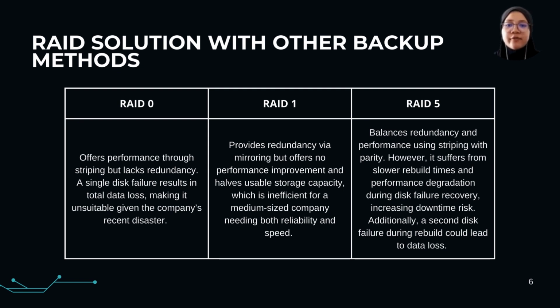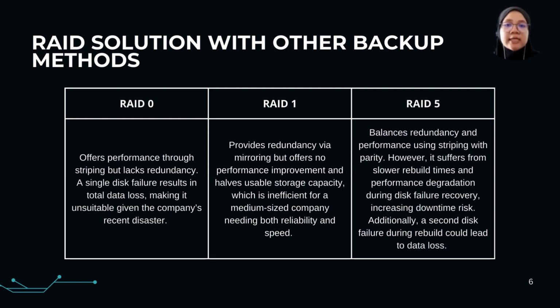A single disk failure results in total data loss, making it unsuitable given the company's recent disaster. It would leave your data without redundancy, so it's not suitable for you.